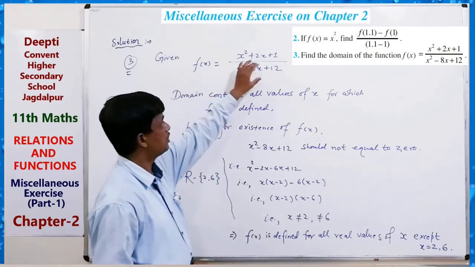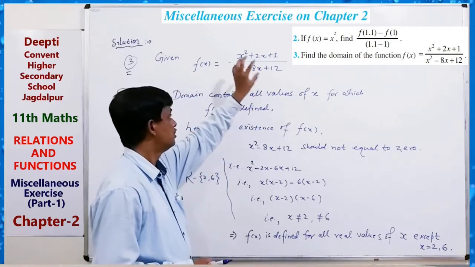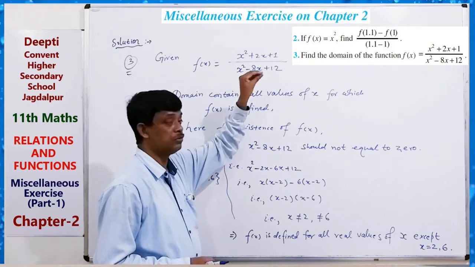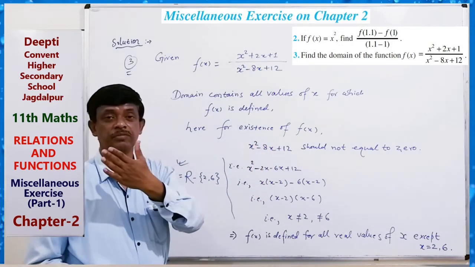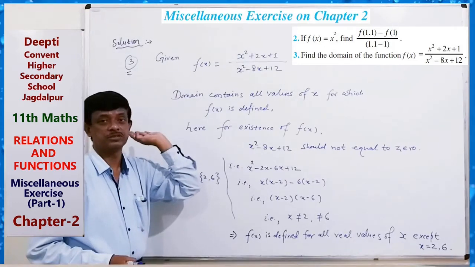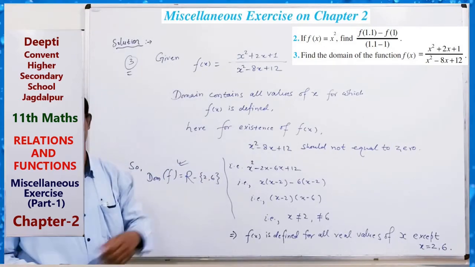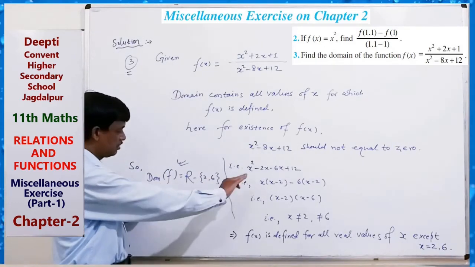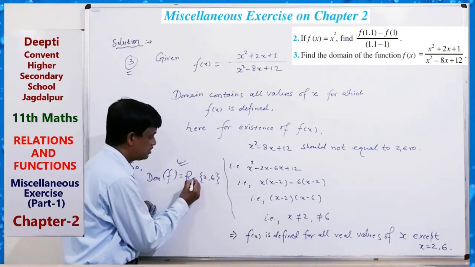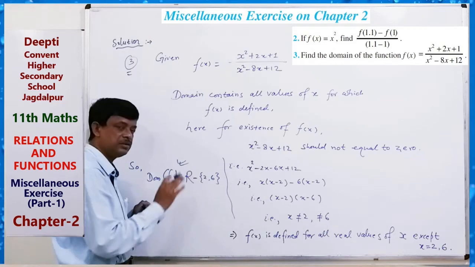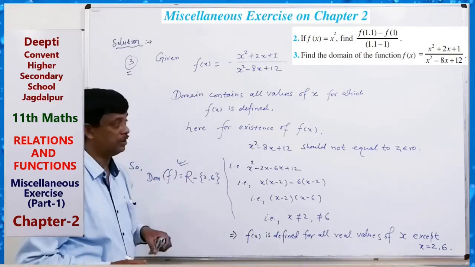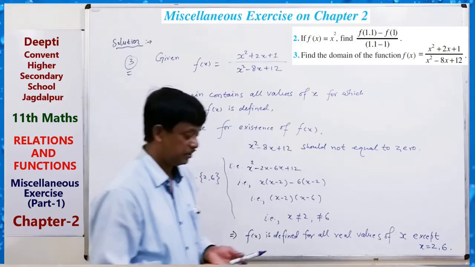If there is a denominator, then the values of x for which the denominator is 0, we have to delete from the set of real numbers. Delete means remove those elements from the set of real numbers. So this is the domain of question 3.